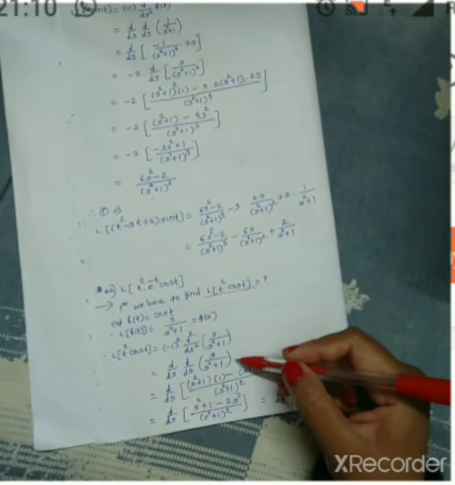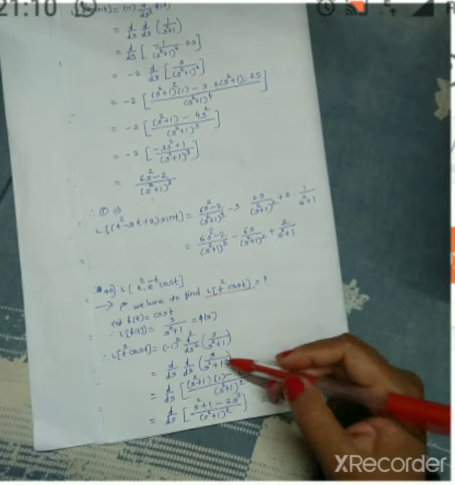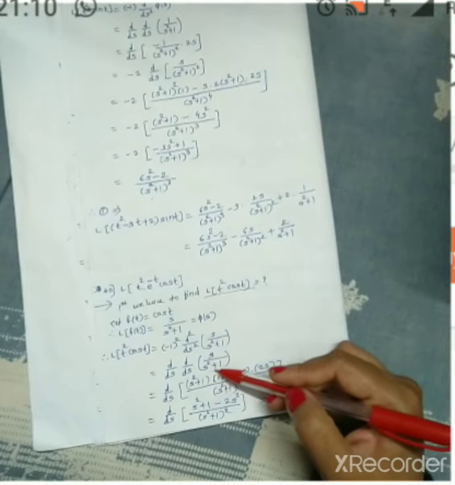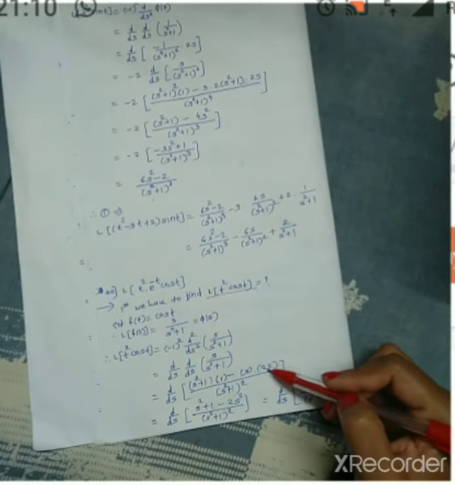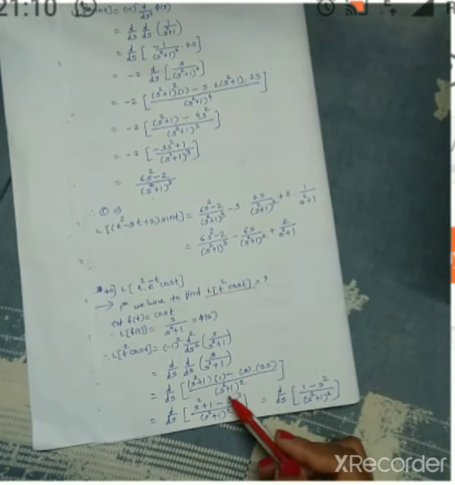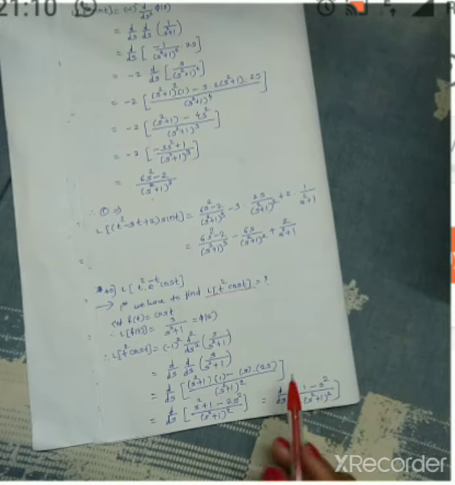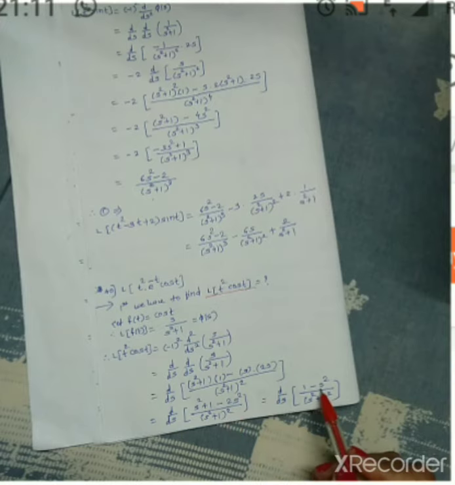Now here we have to use the u by v rule first. v into derivative of u, which is 1, minus u into derivative of the denominator, which is 2s, whole divided by v square, that is s square plus 1 whole square. Now simplify. s square plus 1 minus 2s square, rest of the terms as it is, denominator also as it is. 1 minus s square upon the denominator as it is.